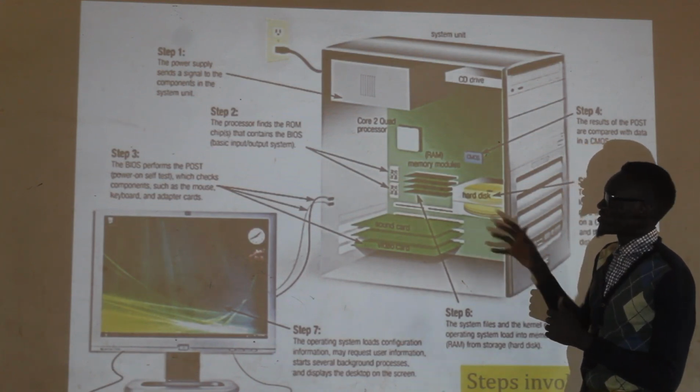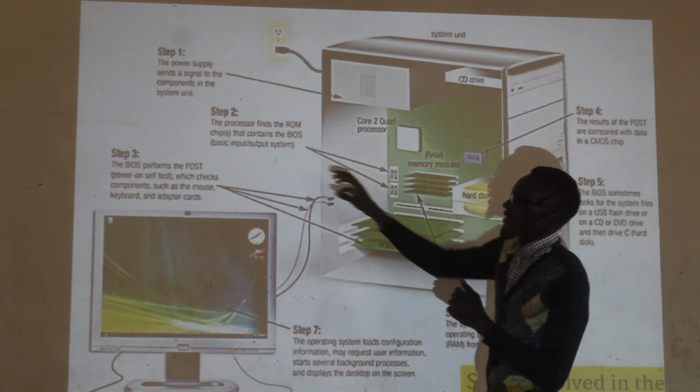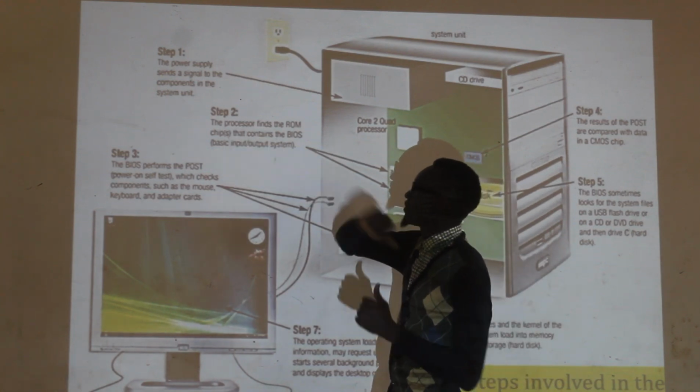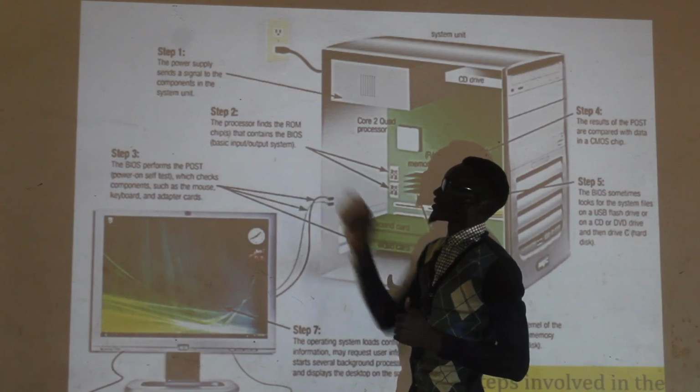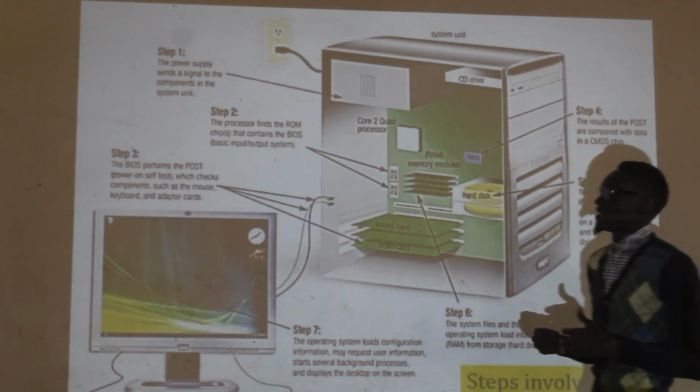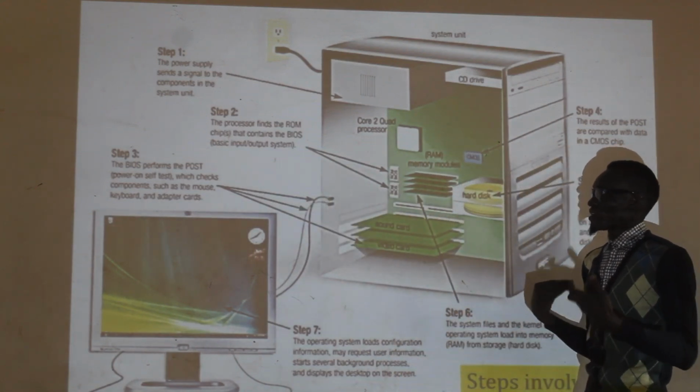Components of the systems unit will receive signals of power. When they receive those signals, the processor, the CPU, finds the ROM chips that contain the BIOS.